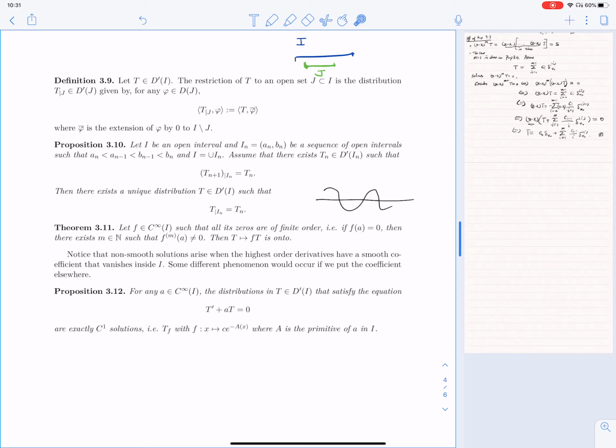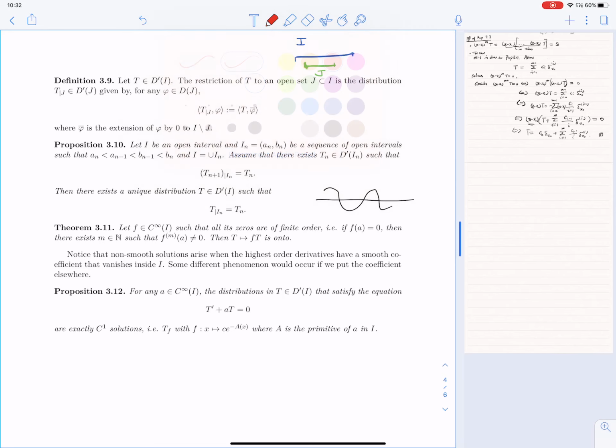And we still pass the operation to the test function, but this time what we do is make an extension. T is applied to test functions defined on I, but phi is only a test function defined on J.